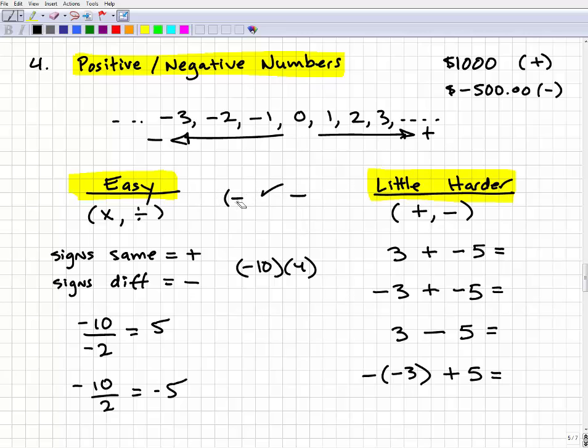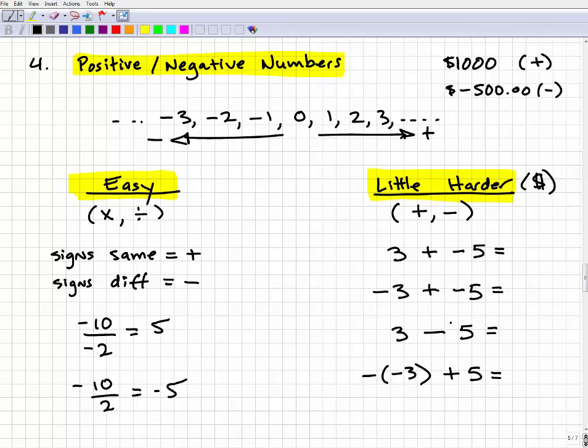All right, so now let's move on to what's a little bit harder, and that's addition and subtraction. The best way I like to think of this is working with money. So I'm going to take these 4 examples here to illustrate how this works.